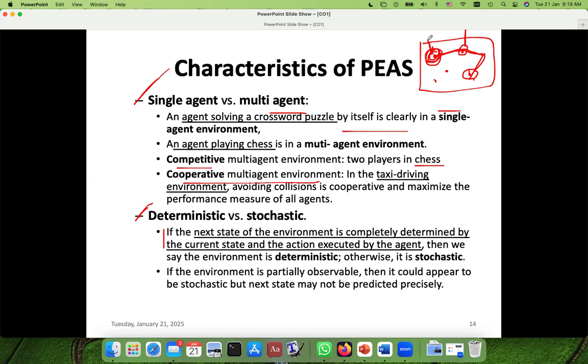If your agent can determine the next state from the current state by considering this action between them, then this environment is called deterministic. Otherwise, the second one, stochastic.